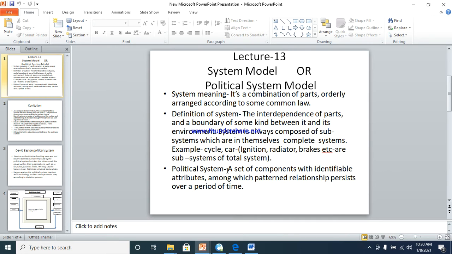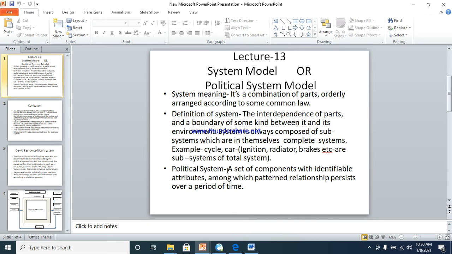Any system of the world is always composed of subsystems, which are themselves a complete system, but they are part of the main system.